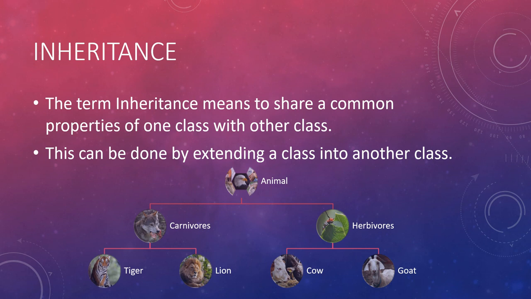We inherit thousands of characteristics from one parent who in turn had inherited those from their parents and so on. The characteristics can be taken from the parent, that is, a child can take the properties of the parents, and their child can do the same. So, it goes on like that.